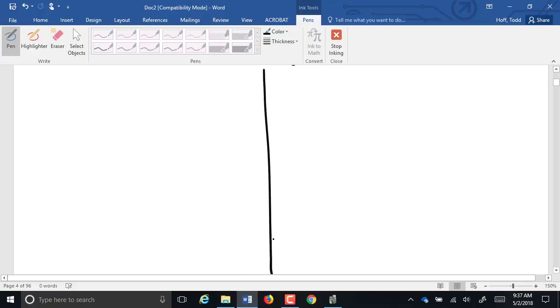So what I'm going to do is look at some of our more basic linear equations. And the most basic linear equation I can think of is the equation y equals x.